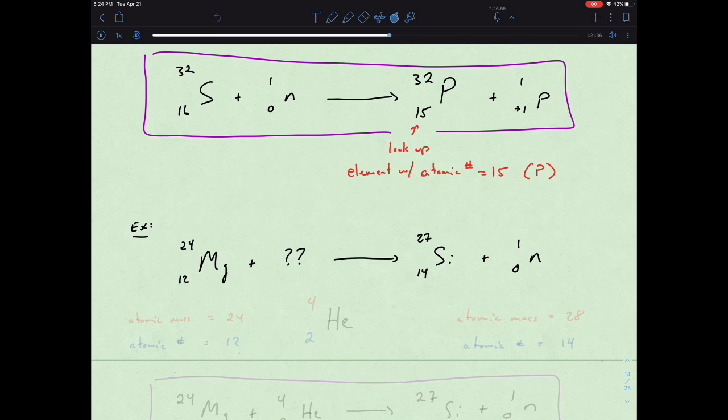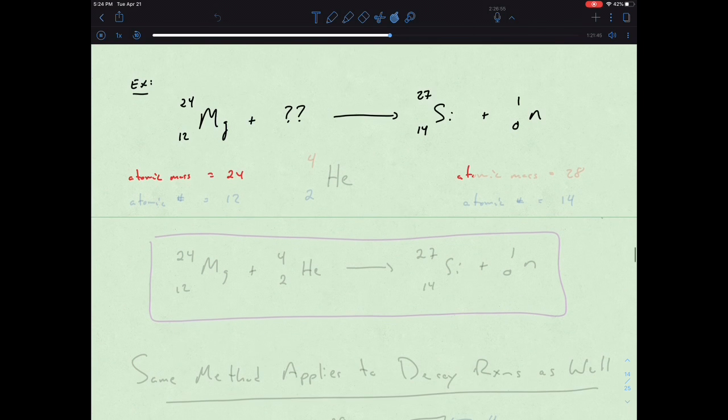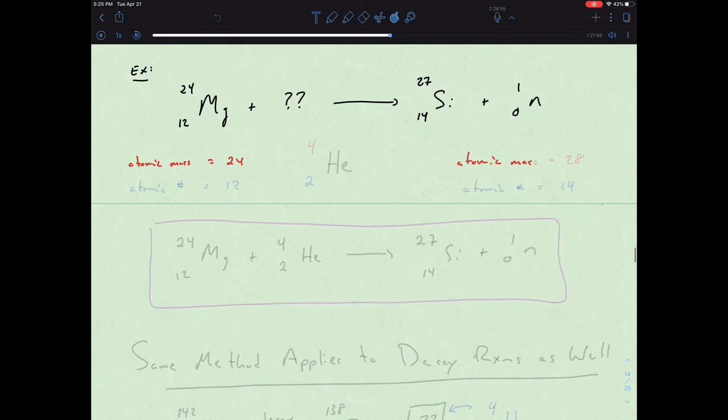We have our atomic mass here equal to 24, while here our atomic mass is equal to 28. So we would expect a mass of 4, and our atomic number here was equal to 12, while our atomic number on the right was equal to 14.